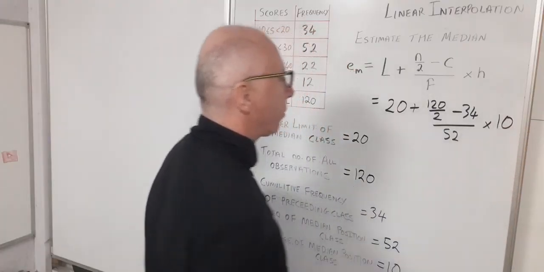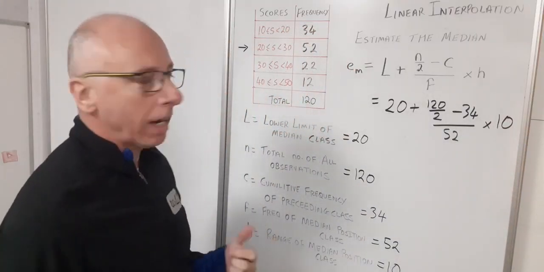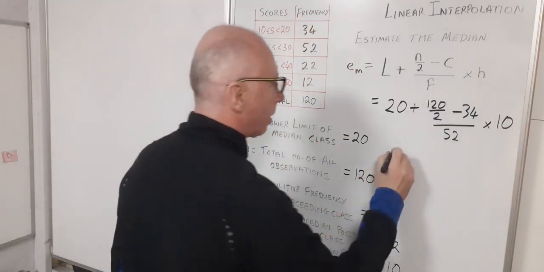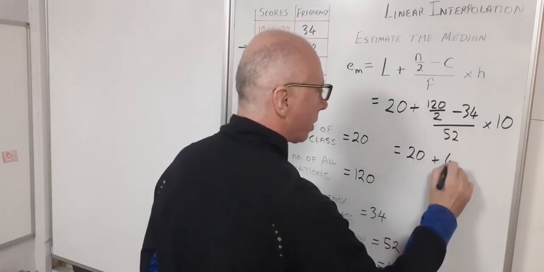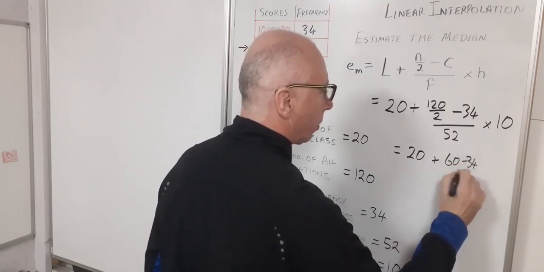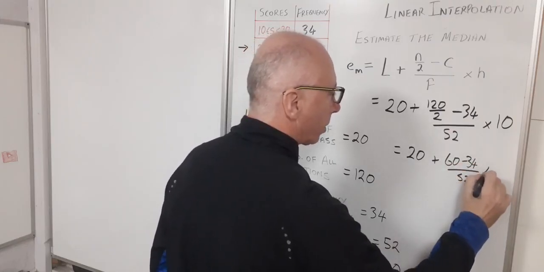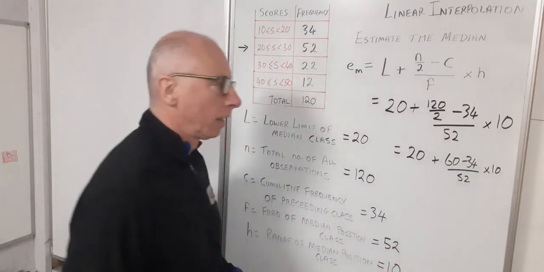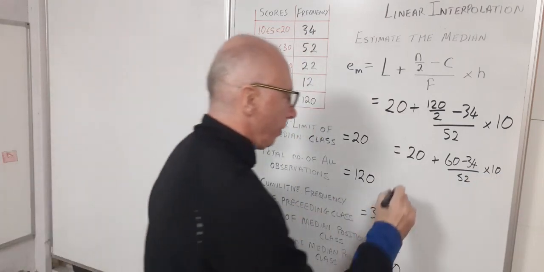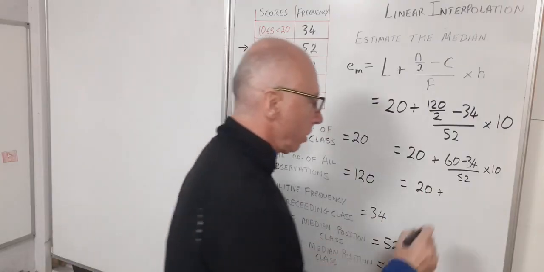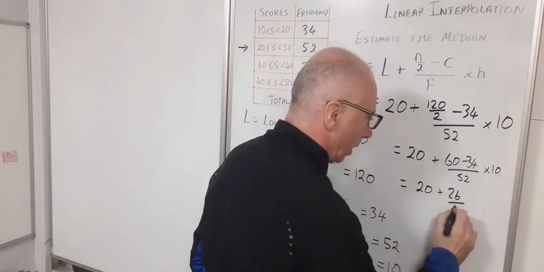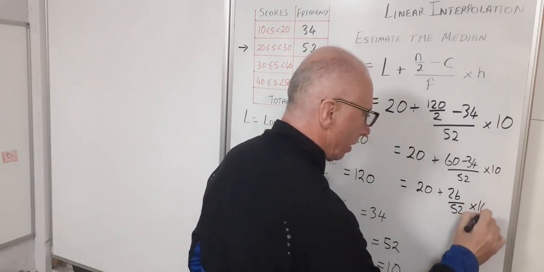So now we've got all those values, we can just do our calculations on that and see where it takes us. So now I've got 20 plus 120 over 2 is 60, minus 34, divided by 52, and times all that by 10. Okay, simplifying that off, 20 plus 60 minus 34 is 26, divided by our 52 and times 10.